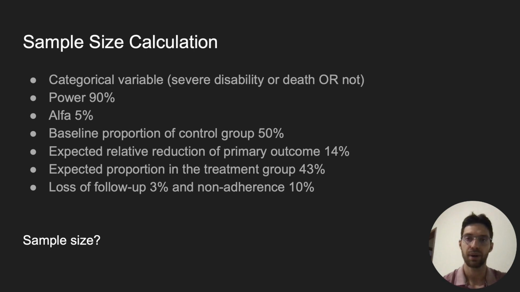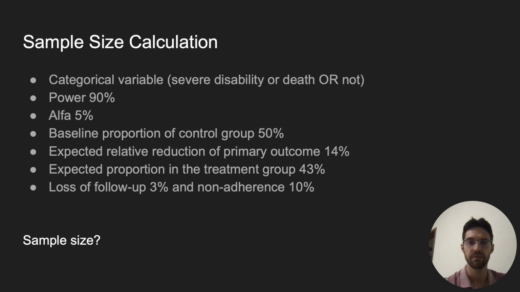So we are talking about a categorical variable, and for this matter a non-parametric test will be used, in this case chi-square. Chi-square test to test the alteration of proportions. In order to calculate the sample size, we need the baseline proportion of the control group that is expected. That is an example of information they probably got from a pilot study or from similar studies in the literature previously done.